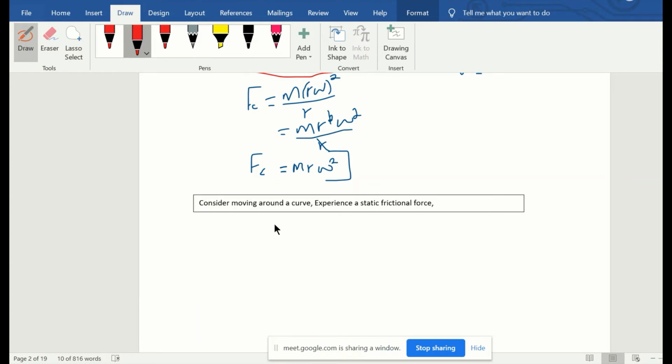So I can say that frictional force F is equal to my coefficient of static friction times my N. Here is my frictional force. The N is our normal force, and our constant here is the coefficient of friction.